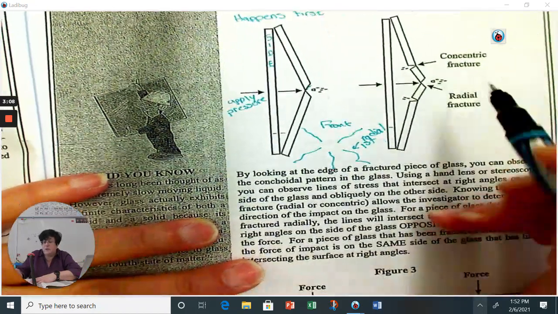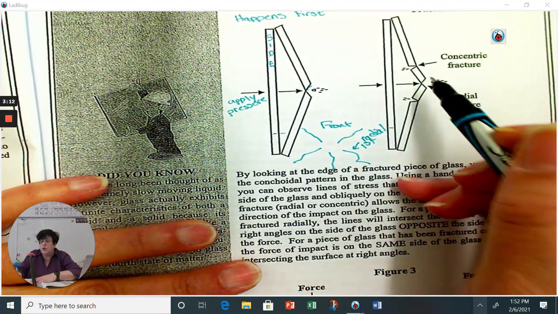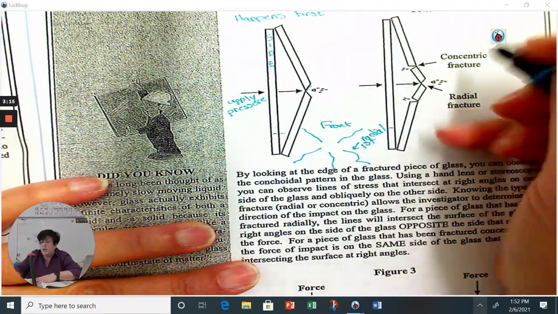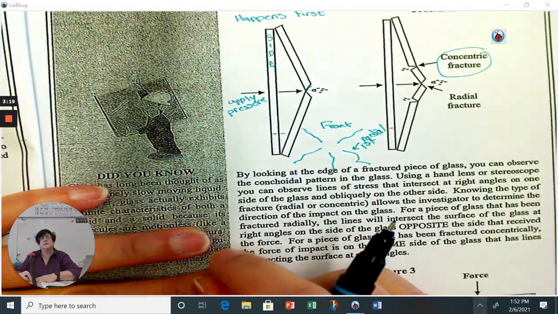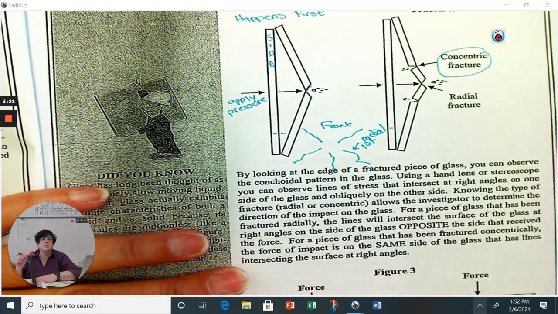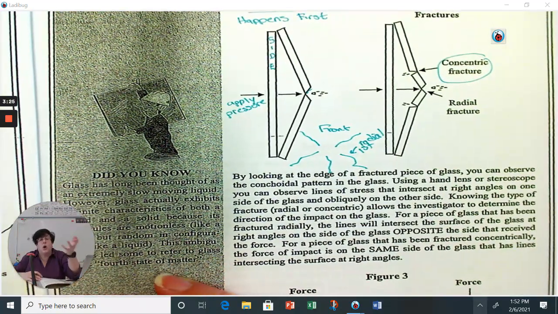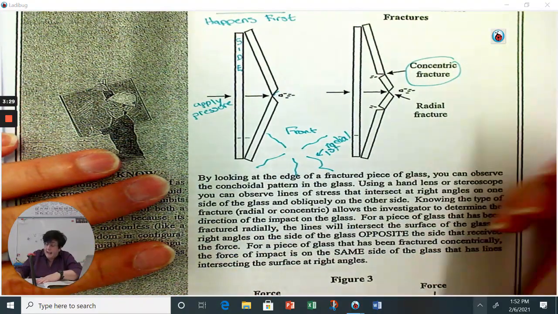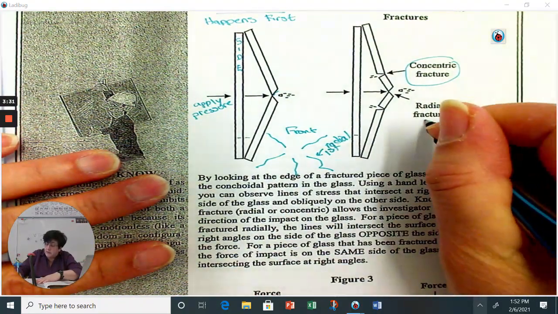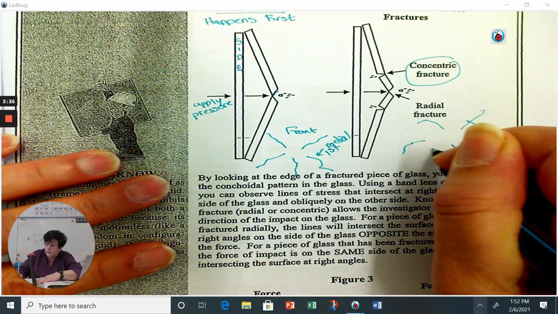Then, because you still have pressure being applied to the glass as it's breaking, you get a different kind of break, which is called a concentric break. And guys, it's not like you can slowly watch the radial break happen. It happens so quickly that it looks like they all happen at exactly the same time. So after that, you have the breaks that go around like this.